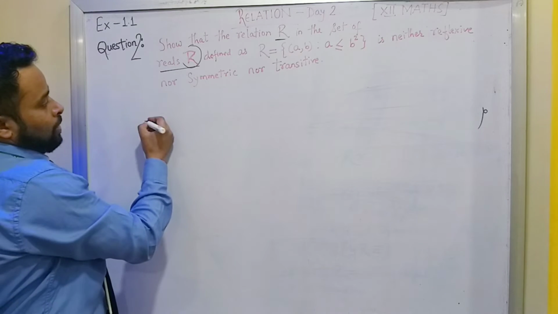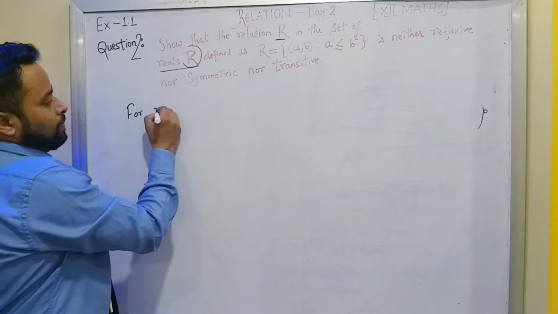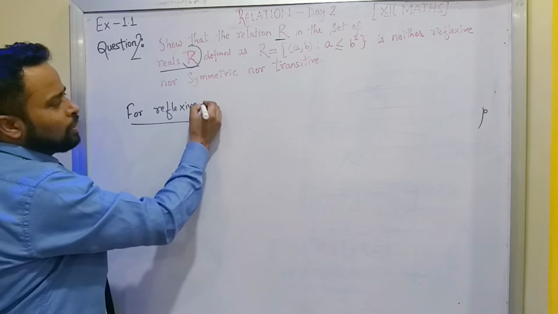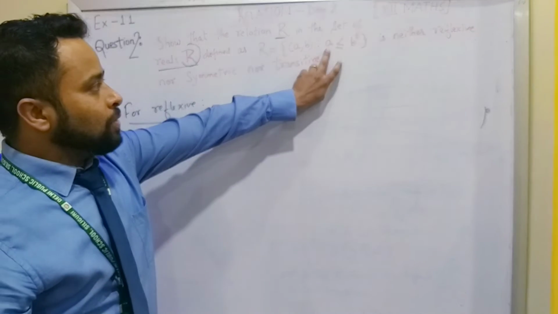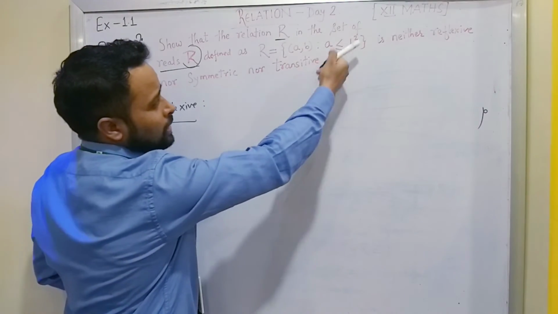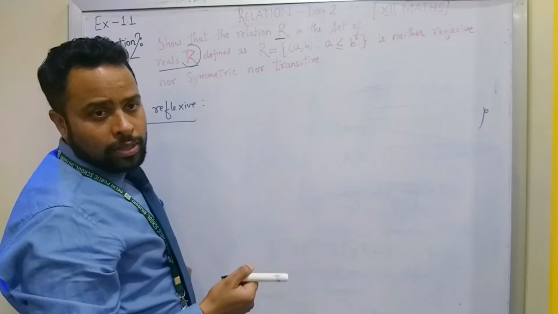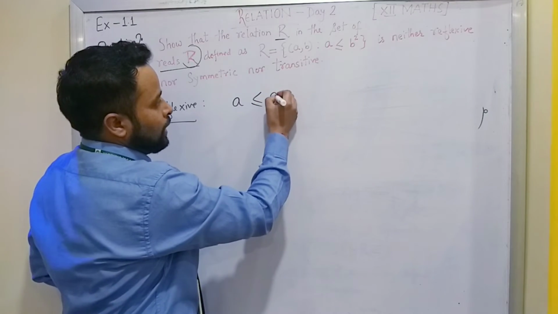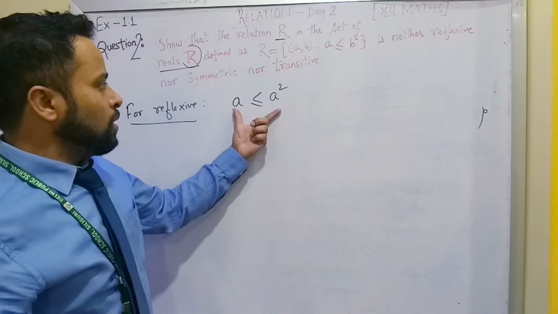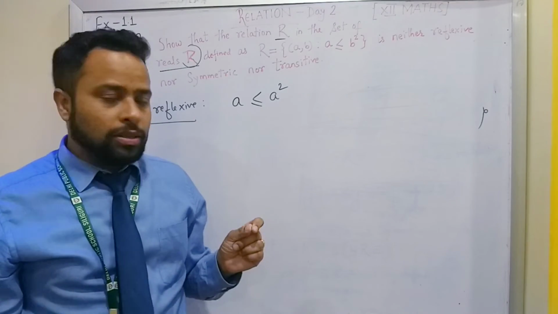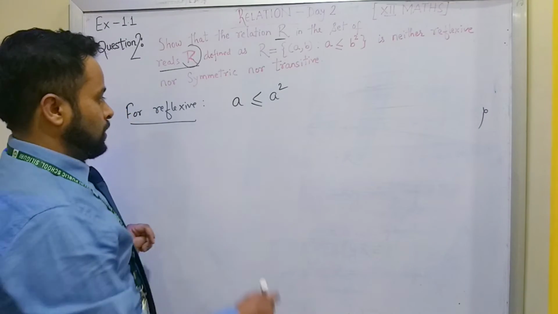For reflexive, when I import a number from real numbers, a is less than or equal to a square. I think for all natural numbers it is true. But when I go to fractions, this becomes false.